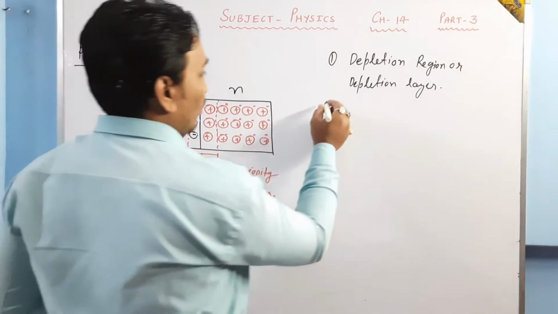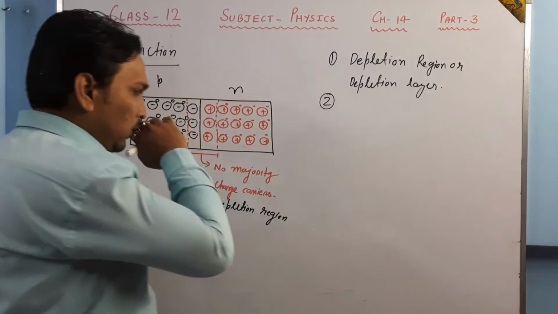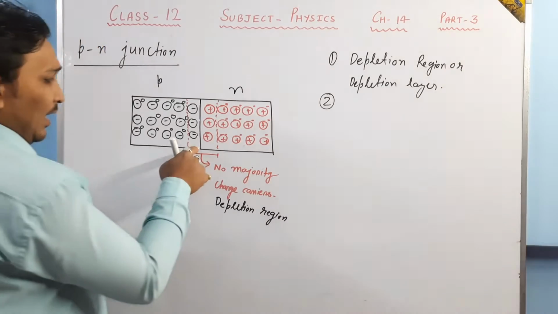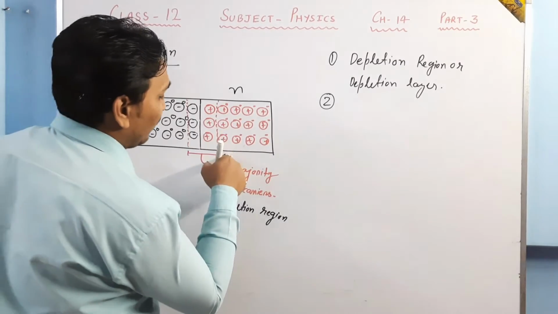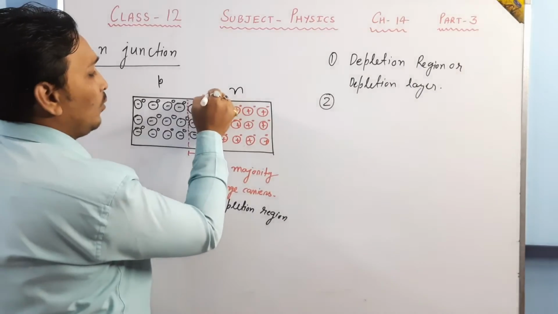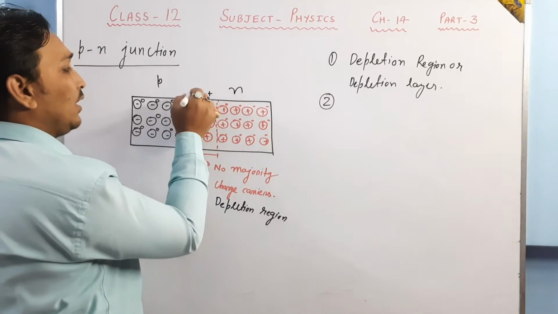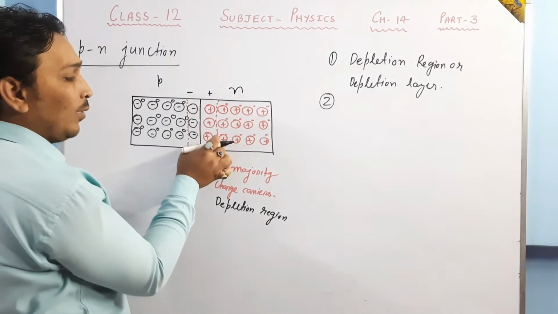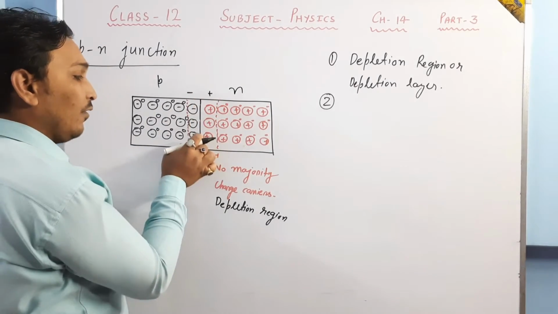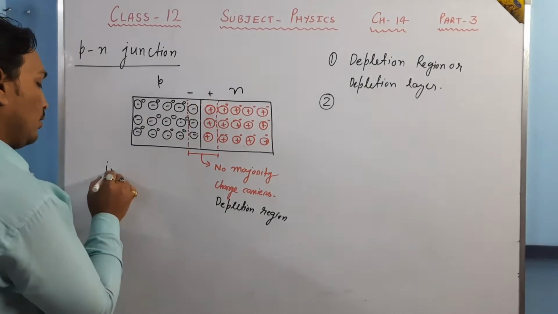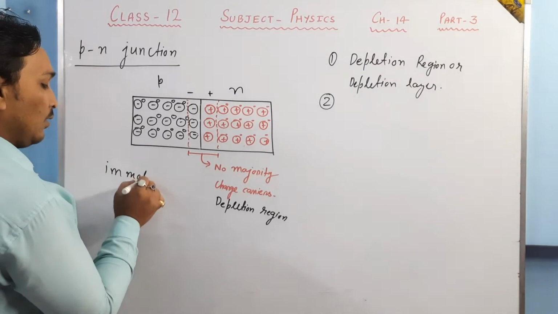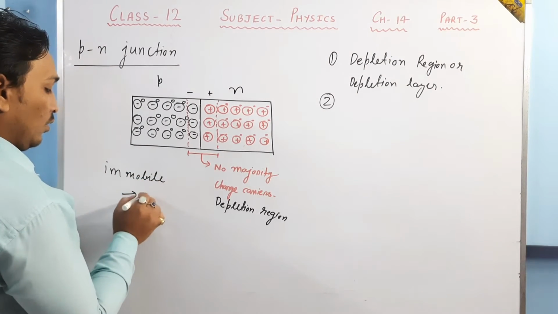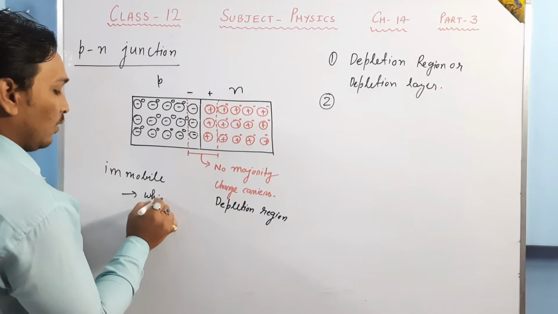Now what is happening over there? Toward this side of the junction, it is positively charged, and toward this side of the junction, there is negative charge. Here positive immobile ions are there, and here negative immobile ions. Immobile means which cannot move.